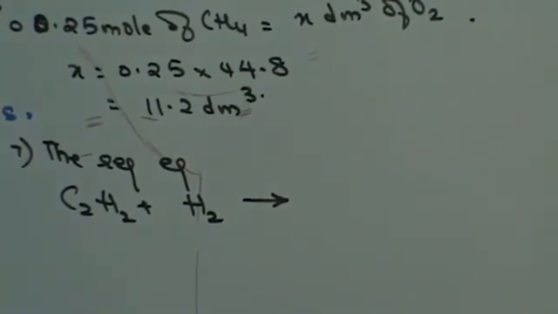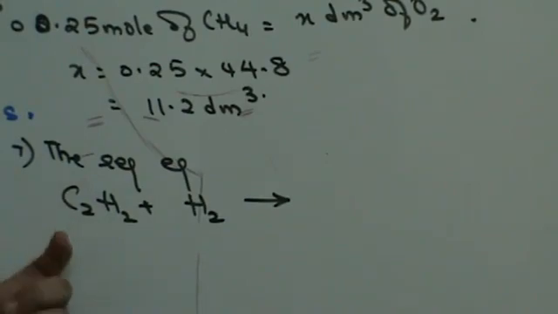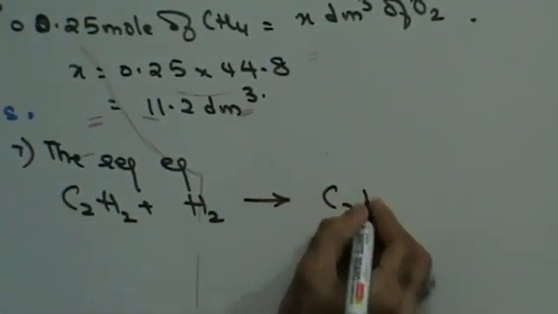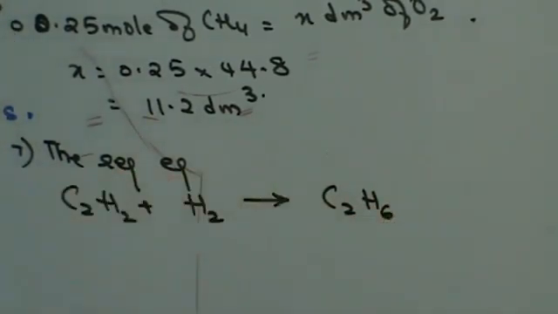Hydrogenation means I'm reacting with hydrogen. If I react ethyne with hydrogen, an addition reaction will take place. The two reactants will combine together to give you a single product, C2H6, ethane.